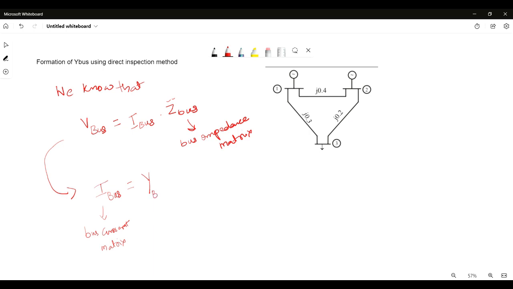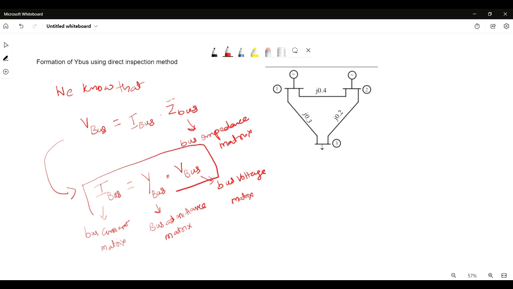Y bus is the bus admittance matrix, and V bus is the bus voltage matrix. So now we can highlight this equation: I bus is equal to Y bus into V bus.